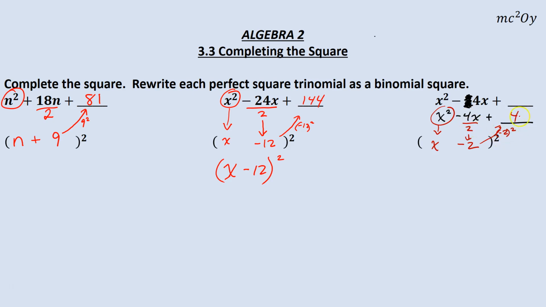Or half of this number squared, which just happens to be 4. So x squared minus 4x plus 4 becomes x minus 2 quantity squared. They're the same value. If I multiply x minus 2 times x minus 2, I get x squared minus 4x plus 4. Okay, so that's a quick way on how to rewrite a perfect square trinomial as a binomial square.